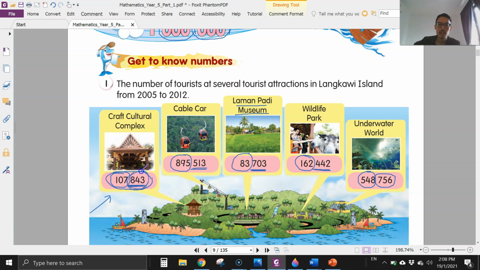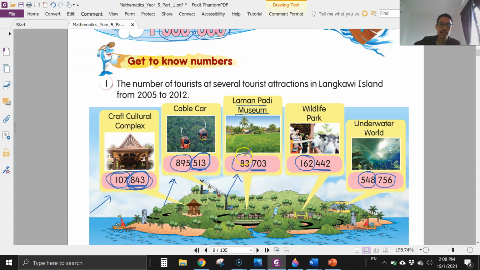107,843. Okay, 843. This one, 895,513. 513.